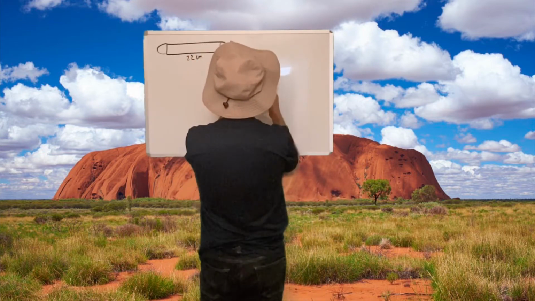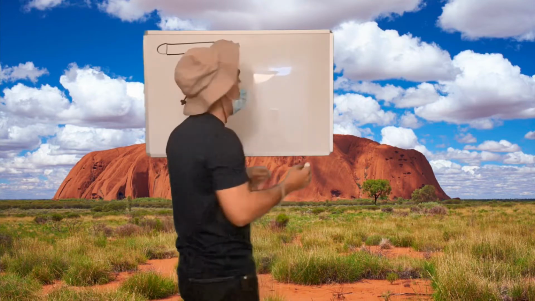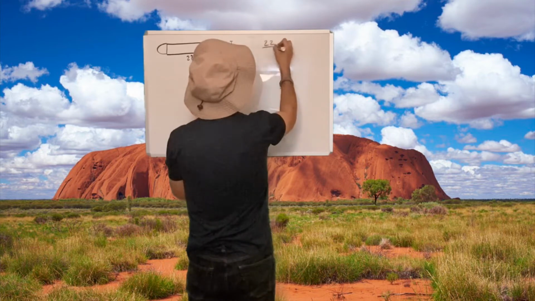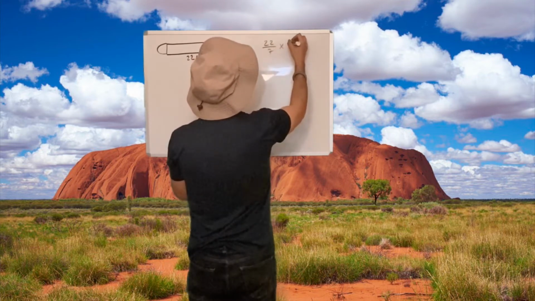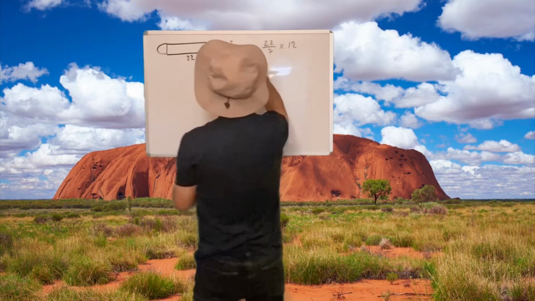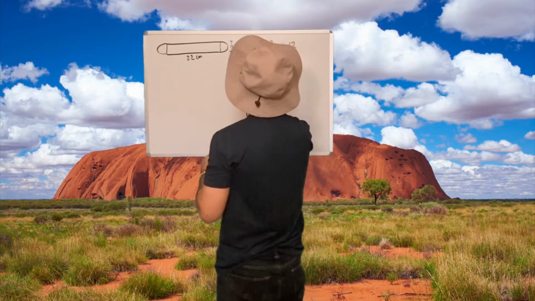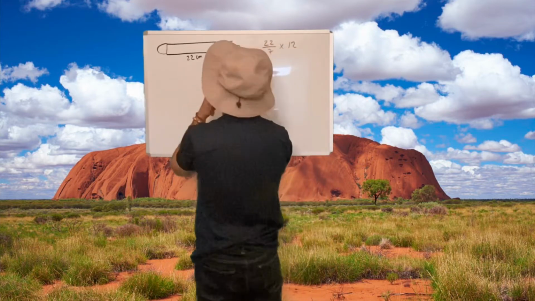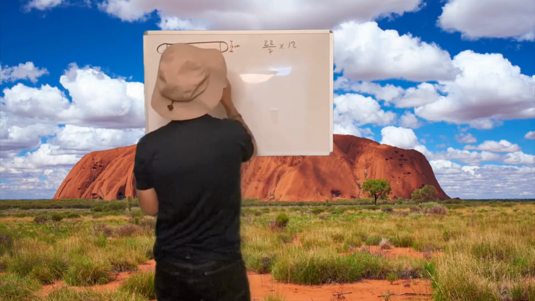So all we need to do to find the circumference of a circle is 22/7 times 12, which is our diameter because it goes across. Now, that's all we're going to have to do because we're going to combine these to make a circle. So let's do that.